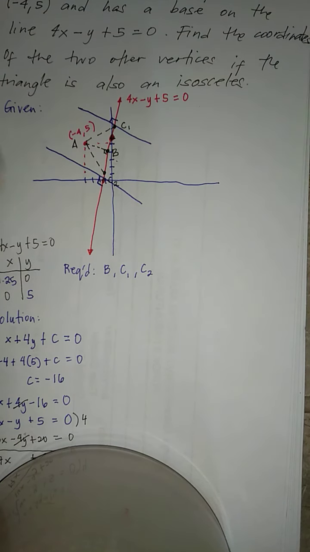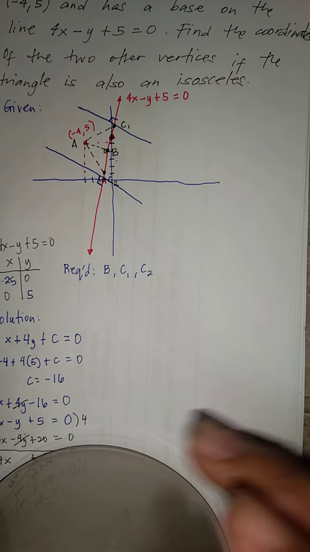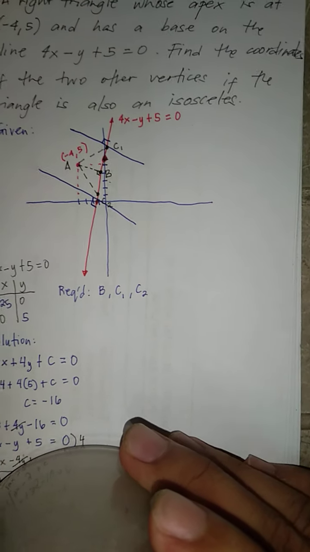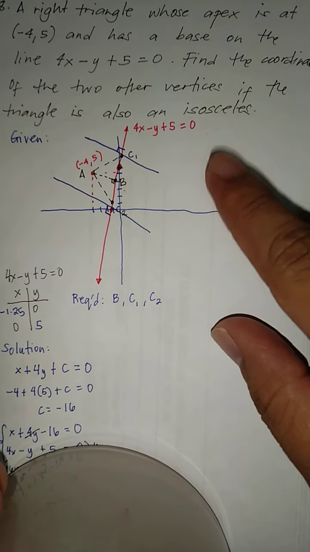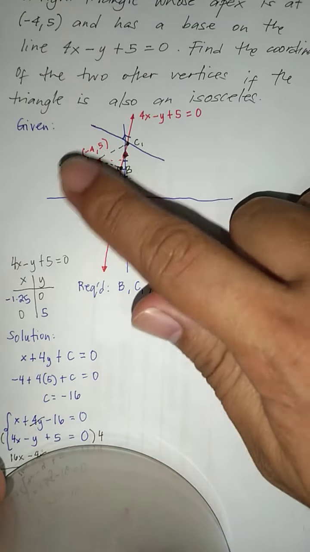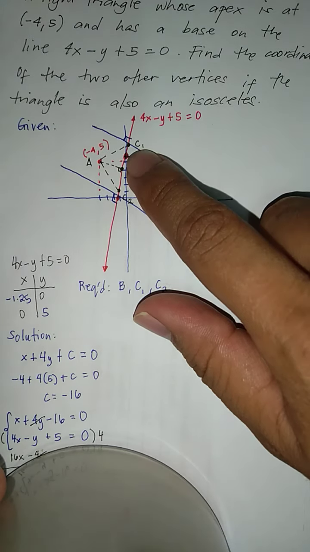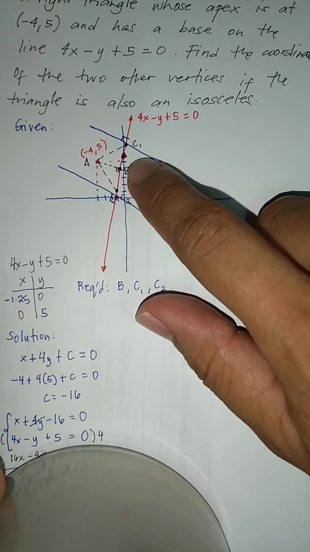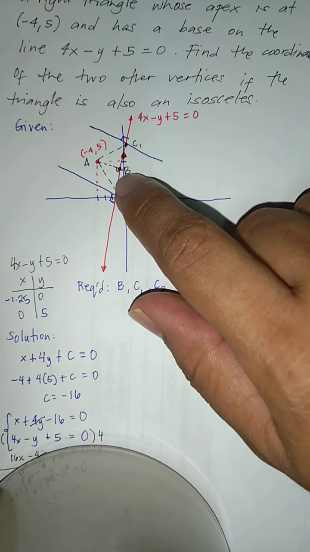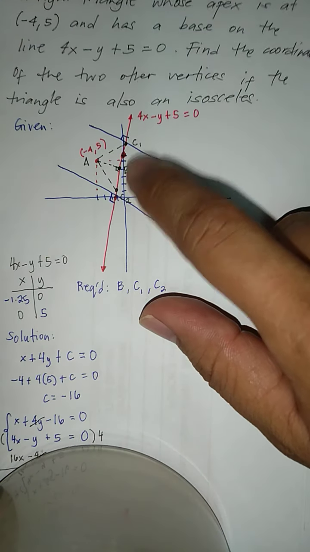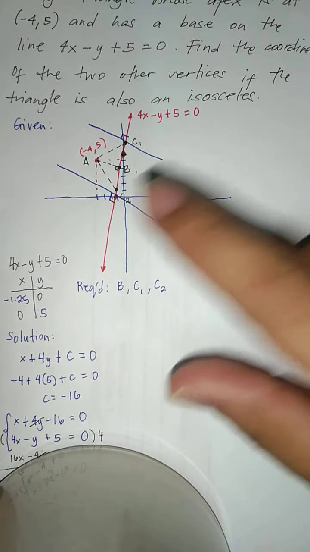Now, there is another given information here that, aside from being a right triangle, this is also an isosceles triangle. So that means that whatever is the distance from A to B will also be the distance from B to C1 and B to C2.